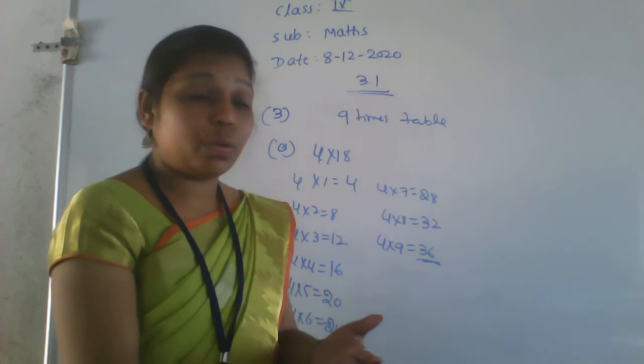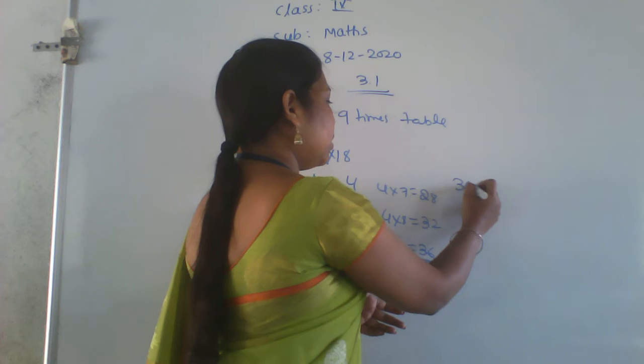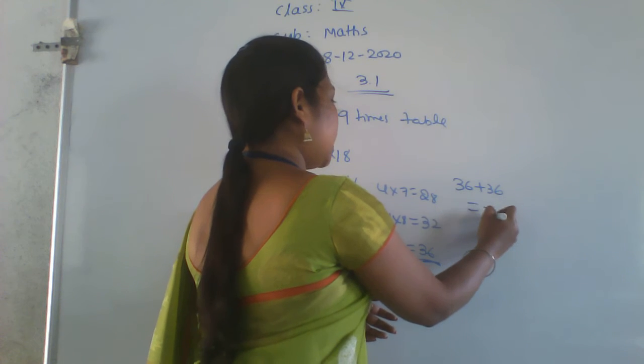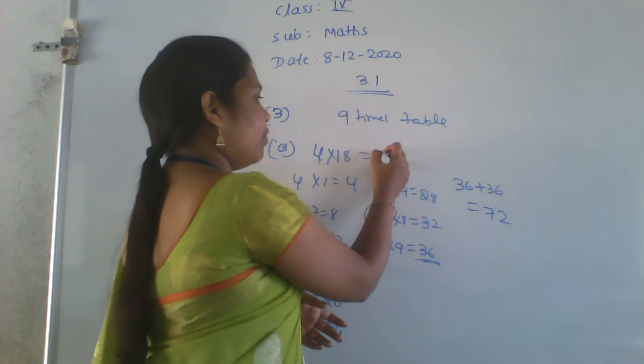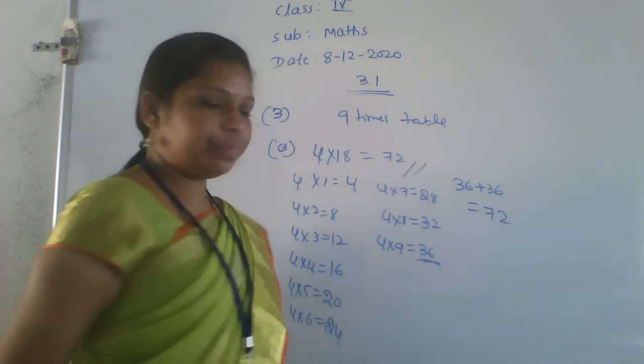Double this value, 36 plus 36. What is the answer? 72. So 18 fours are 72.